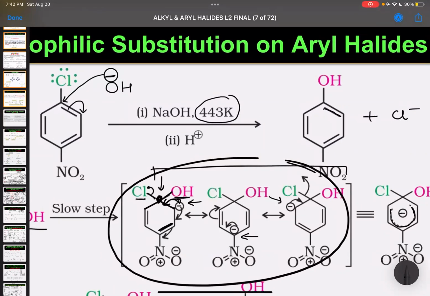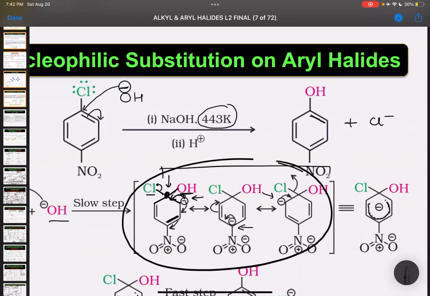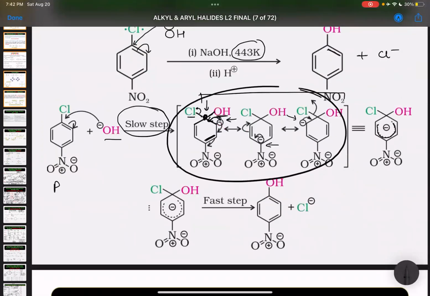Okay, so this is bimolecular NAS. The first step is the difficult step because the nucleophile has to come and push aside. What is the rate law?